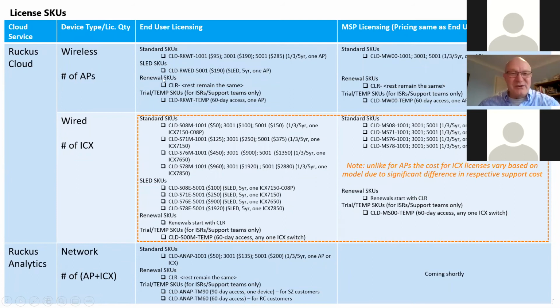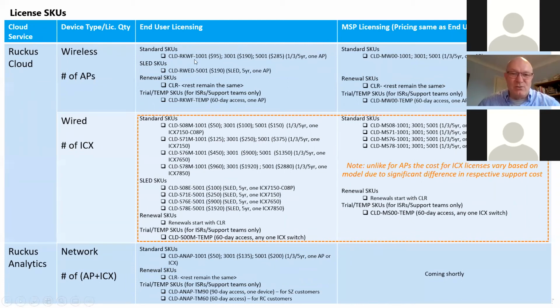So when you have a look at this, apologies, there's a bit of an eye chart, but if you have a look at end user and MSP licensing and the SKUs involved. Let's look at the simple one here. Standard SKU for an end user is to buy a cloud license for a device which can be either on a 1, 3, or 5 year basis.